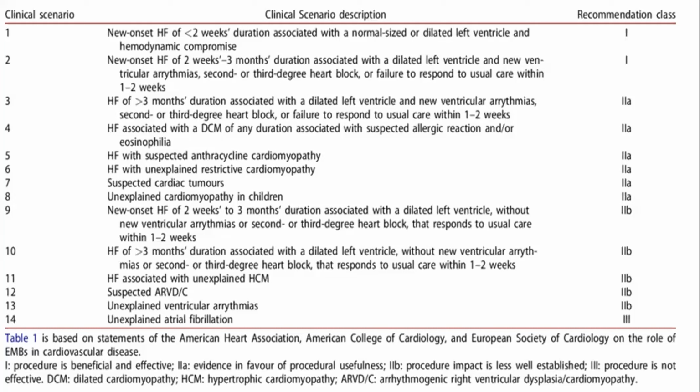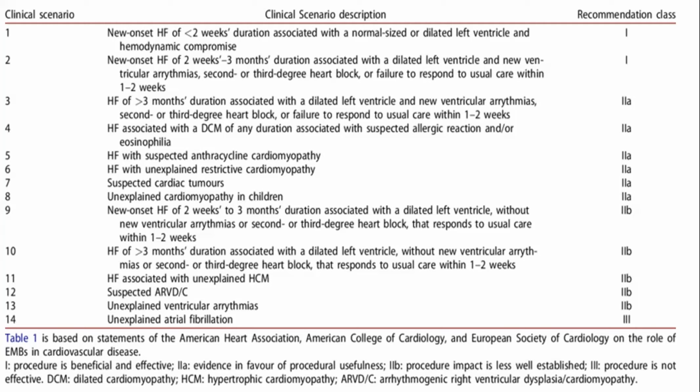For the class 2A indications, the indications for endomyocardial biopsy in this group are people that have heart failure greater than 3 months duration associated with a dilated left ventricle and new ventricular arrhythmias, similar to class 1, except that the heart failure duration is greater than 3 months.